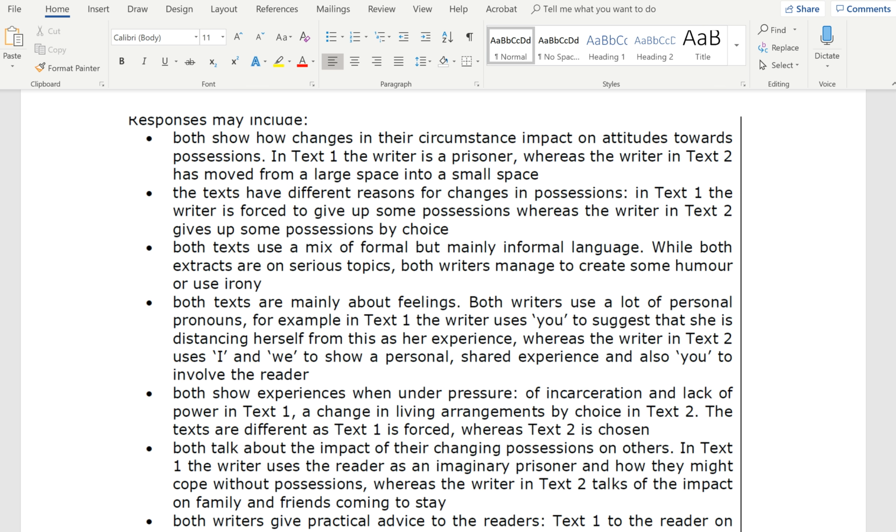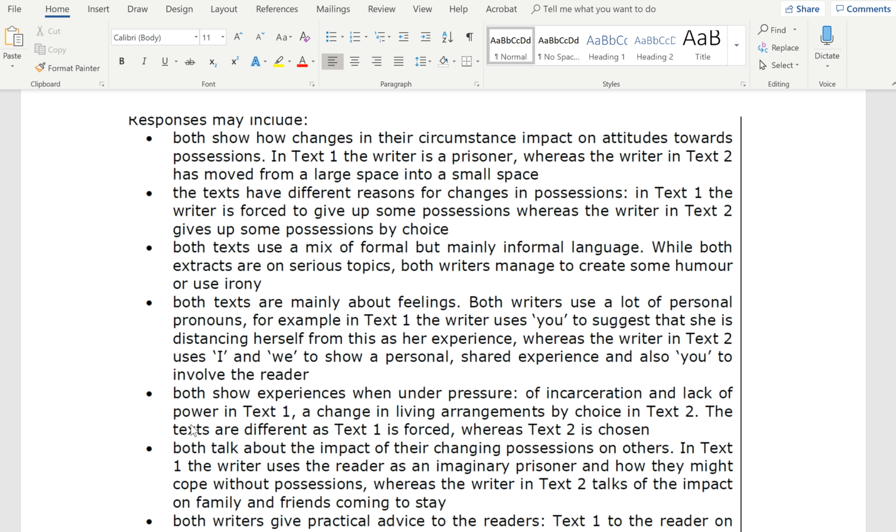Okay, and again, I'm just showing you the mark scheme here to show you some more ideas of things you can compare. Now, the interesting thing here I find is that if you have a look down the left side, nearly all of these paragraphs of examples start with "both texts". And so what they've done really is in their examples, they've kind of used a similarity, but then found a difference as well.